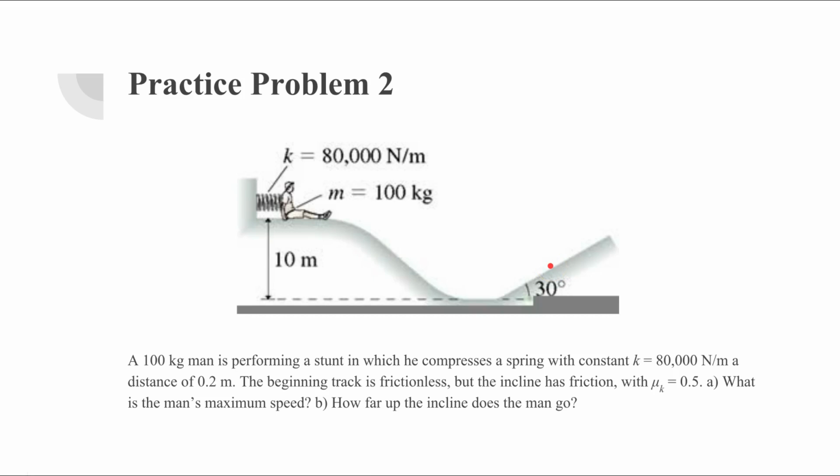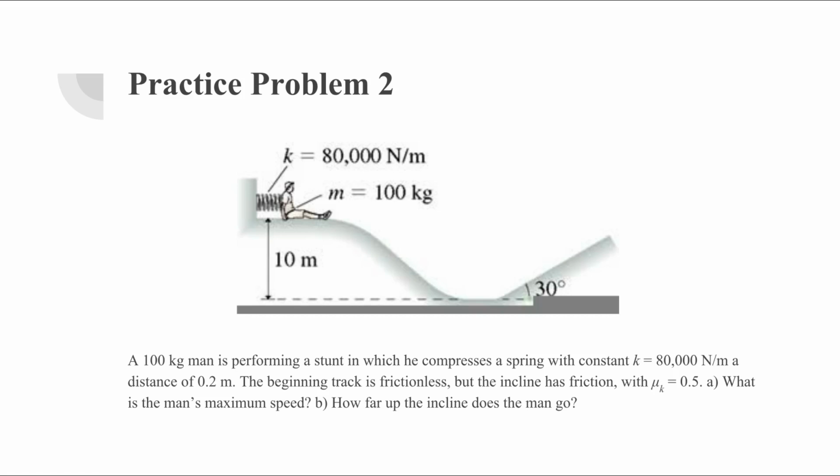So here's a harder practice problem. A 100-kilogram man is performing a stunt in which some machine compresses him back into a spring with constant k equals 80,000 newtons per meter. I said machine because it's a huge spring constant, compressed a distance of 0.2 meters.